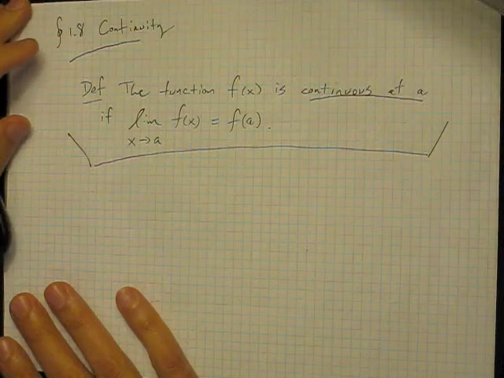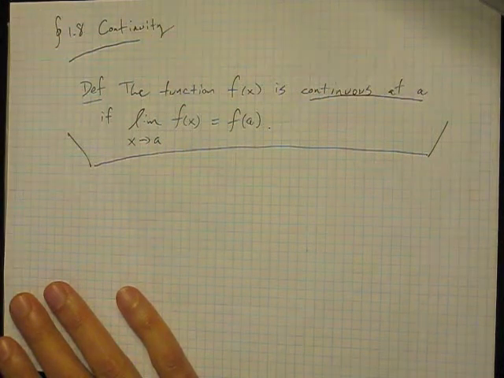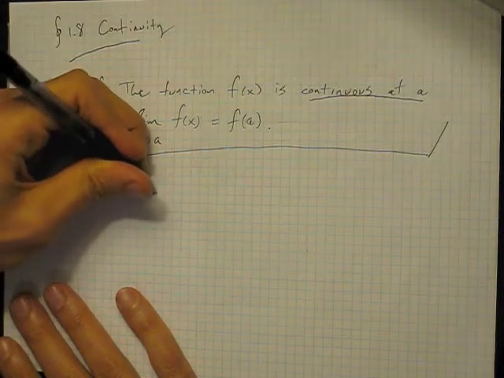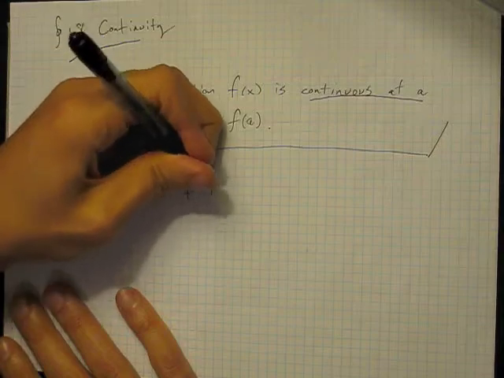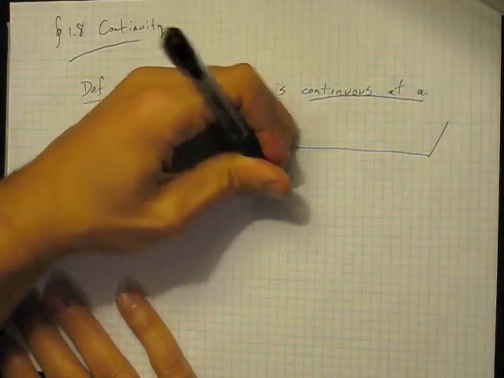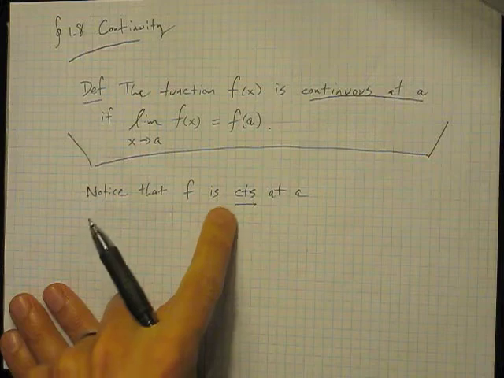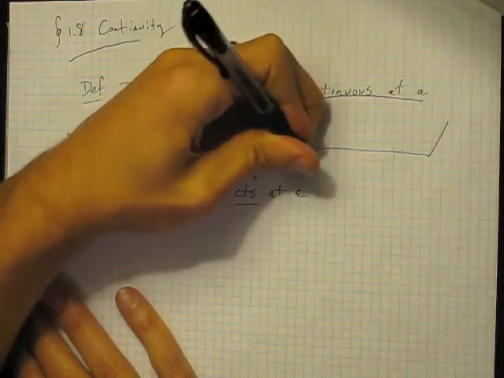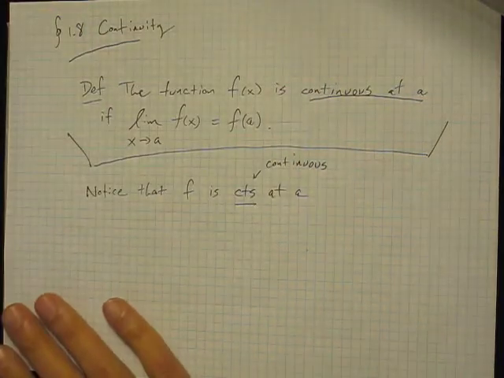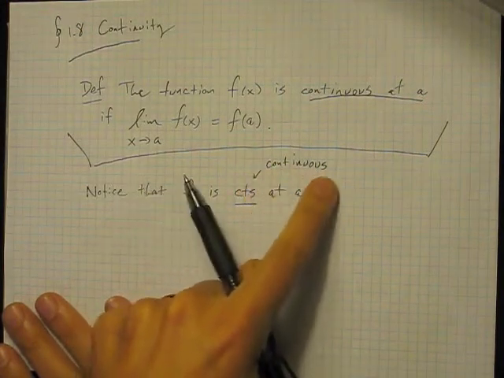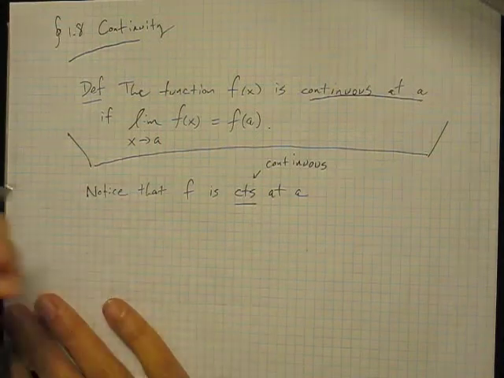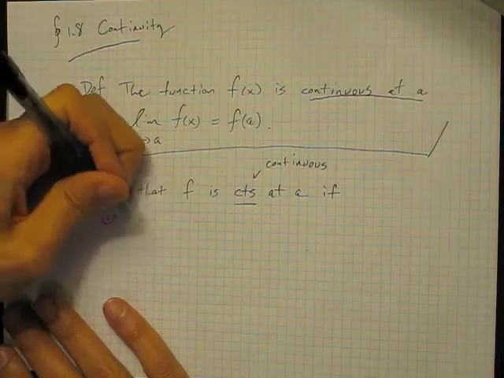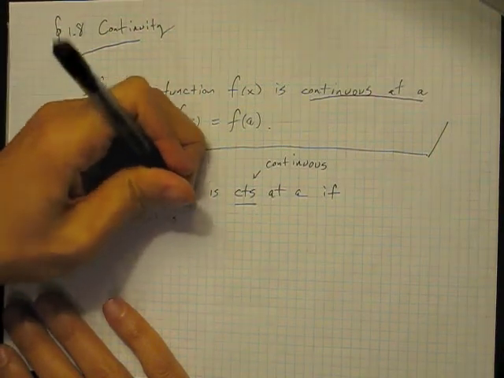Most importantly is what this definition implies. So notice that f is continuous at a, and I'll write CTS to mean continuous. We just use the word continuous so much that we get sick of writing all of those extra letters, so we just take CTS. Notice that f is continuous at a if the following three conditions are true. The first is that f of a is defined.